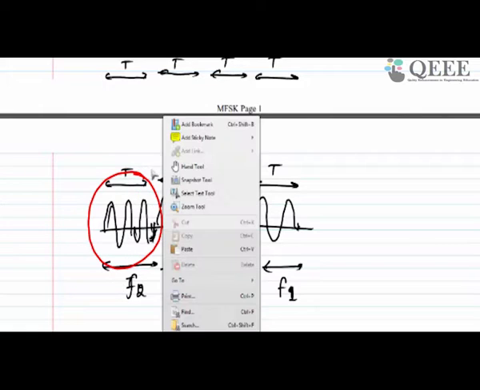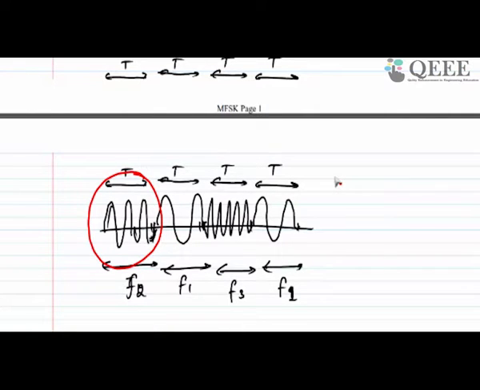Within this T seconds, by looking at this modulated waveform, you should be able to decide whether it is F2 or F1 or F3 or F4, and depending on that you will infer the symbol value, and then the bit value. So you need to choose the frequencies so that they can be easily differentiated within this duration of T seconds.